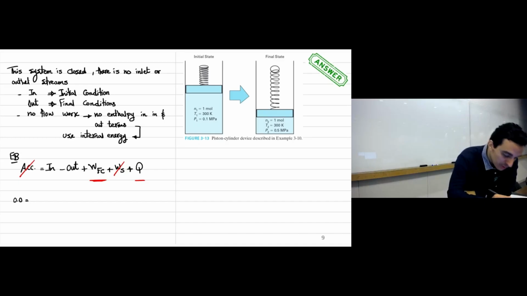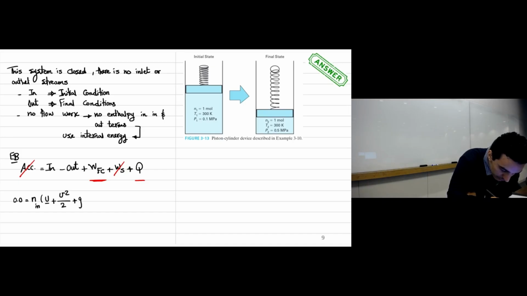So this will be initial number of moles times molar internal energy plus kinetic energy plus potential energy at the initial condition, minus final number of moles times molar internal energy plus kinetic energy plus gh, plus work of expansion contraction, plus Q.